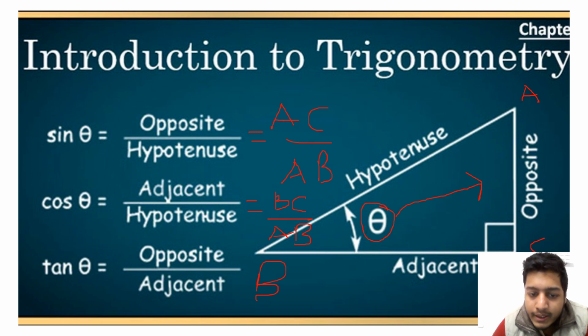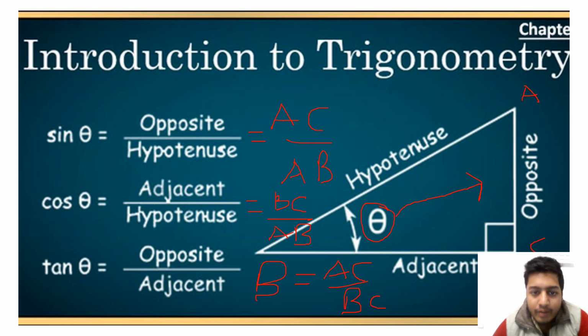Now coming to tan theta. So tan theta is the ratio or the division of perpendicular and base. So as I told you, with respect to this angle theta, the perpendicular will be AC, and the base will be BC.